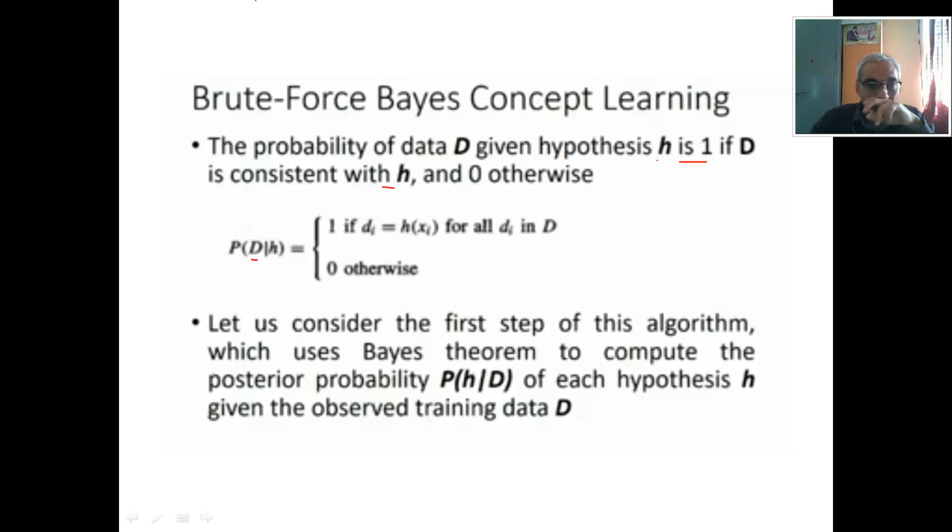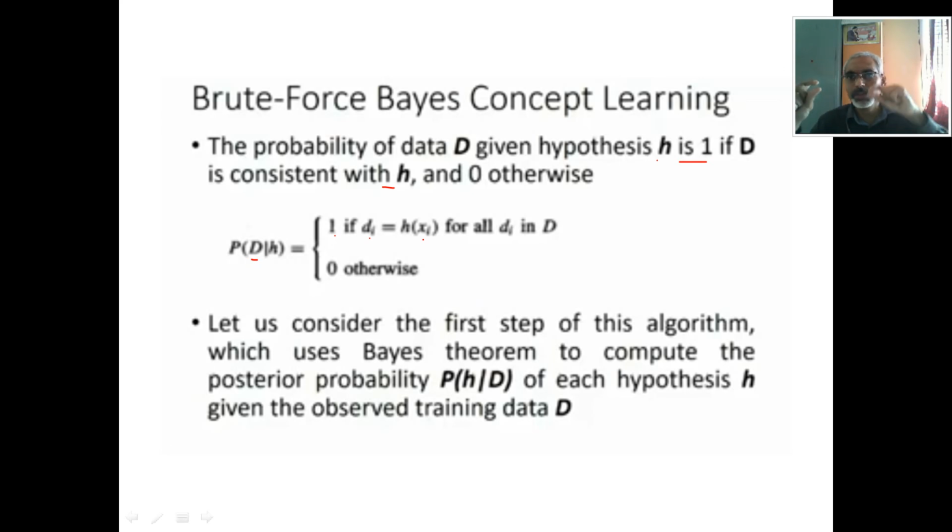Now here you see what we are writing. Probability of this data D given this hypothesis is equal to 1 if Di, for individual data of your capital D, is equal to H of Xi. That means you take the first student's marks. How much marks did he get? He got above 80% in first internals, equal to H of Xi. Hypothesis: above 80%. You take the first student, what is the result? Above 80%.